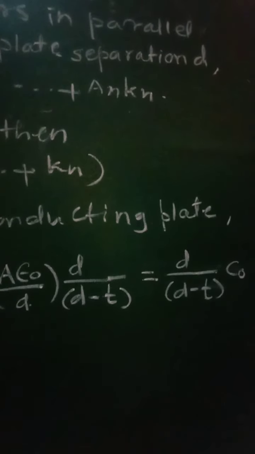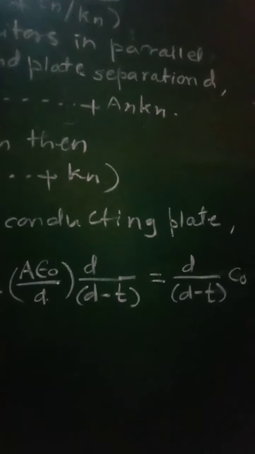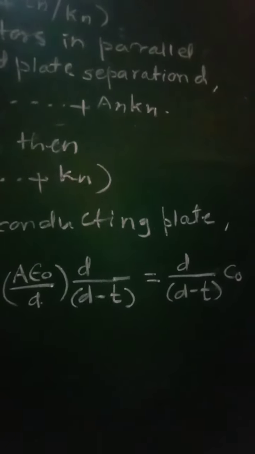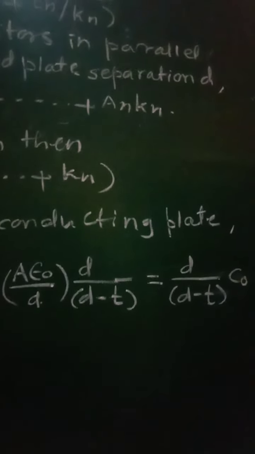But this bracketed term, that is A epsilon 0 upon d, will give you C0, and therefore capacity C will be equal to d upon d minus t into C0. From this relation it is clear that if the space between the plates of the capacitor is filled with a conducting plate, then the capacity of that capacitor will increase by the factor d upon d minus t.